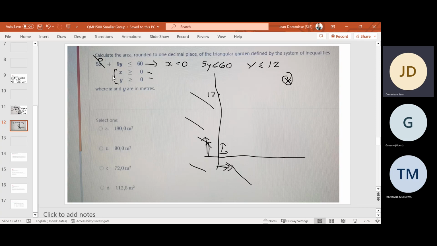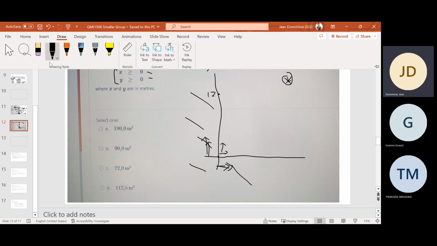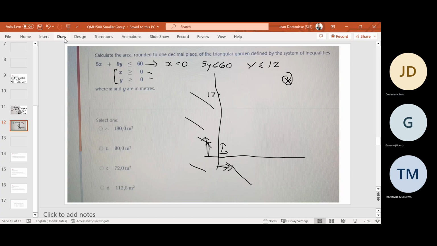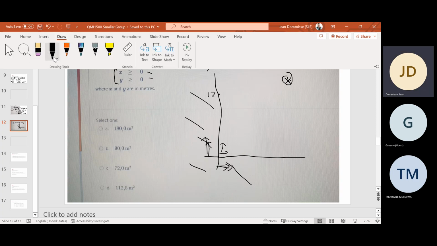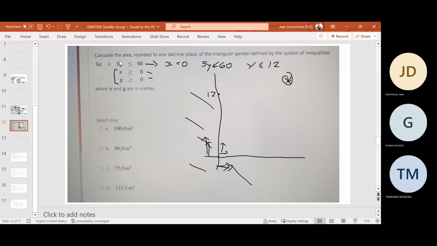When we do it the other way around, and we say let's make y 0, we do exactly the same. We then have 5x must be smaller or equal to 60, so x will be smaller or equal to 12.